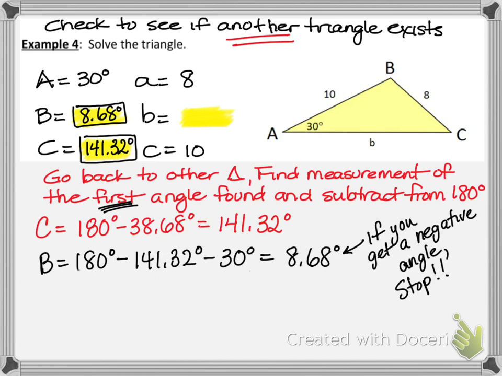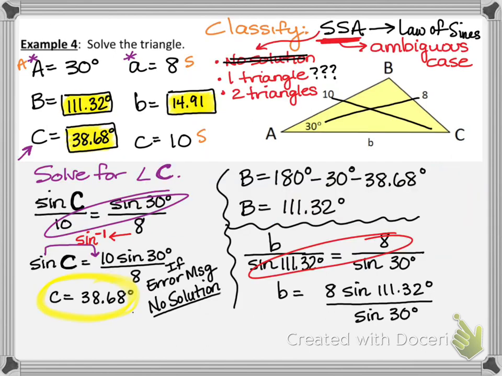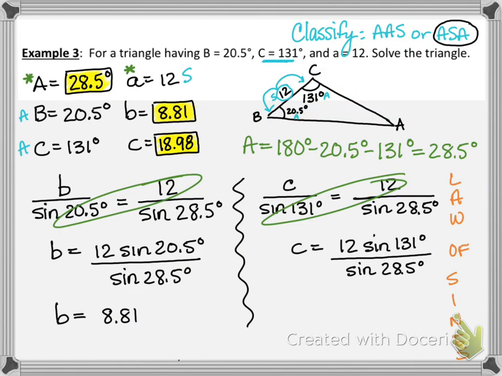That means this second triangle that you're trying to complete is not working out. So, for instance, I'm going to totally make this up. Let's say there was a negative right here, negative 8.68. This whole thing is done. That means that triangle does not exist, and you would just tell me this triangle is the only one that exists, okay? This one right here.